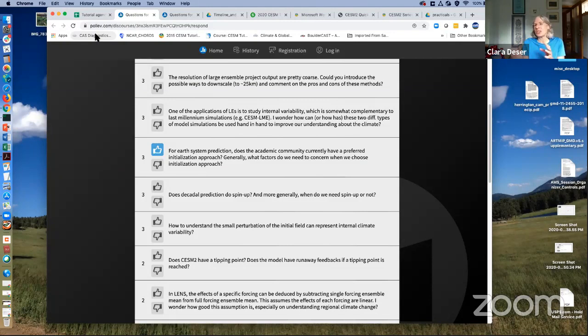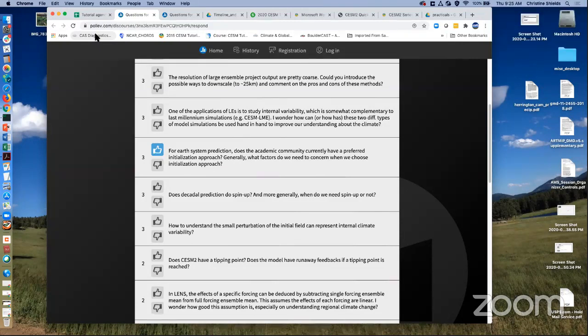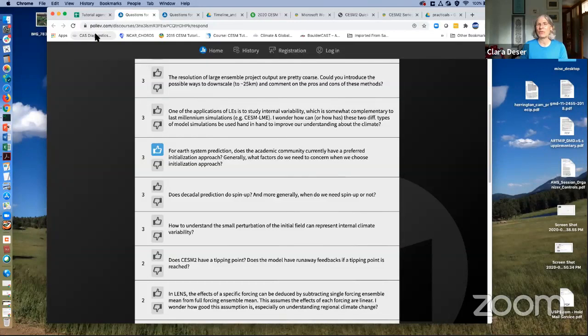So it just leads to this so-called butterfly effect that then puts you on a different trajectory of unpredictable sequences of internal variability. With these small perturbations, it's just a way to allow the climate system to sit within its natural attractor, I think is the language, of its own variability. So it's not a predictable thing. It just leads you to that outcome.